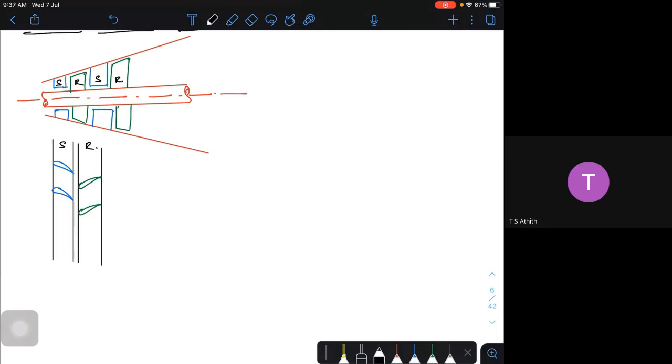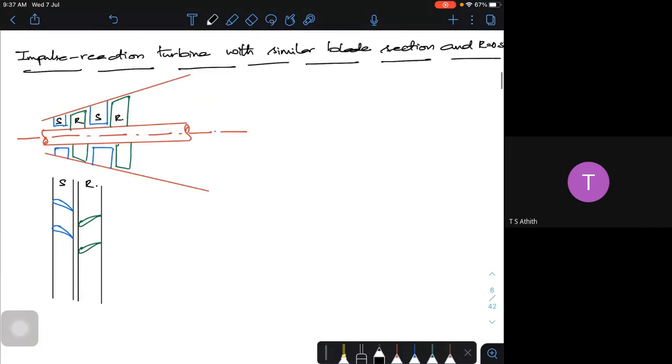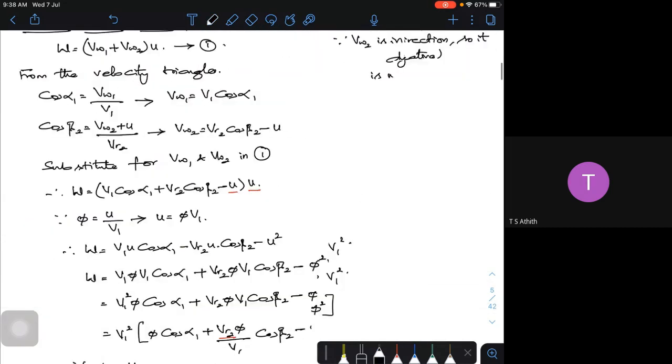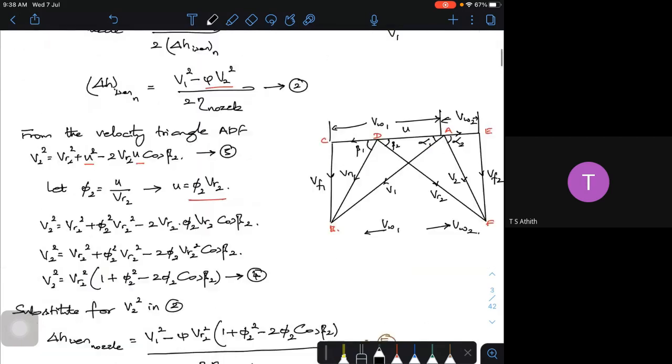But in the case of your Parsons turbine, if your degree of reaction is constant, your blade speed ratio also will be constant. Now, if I try to put the velocity triangle for this, it's something like this. So let me take the same velocity triangle and copy it.